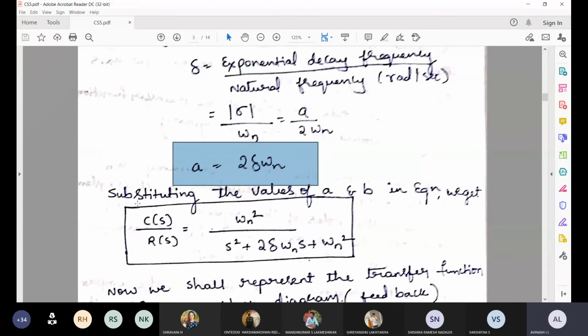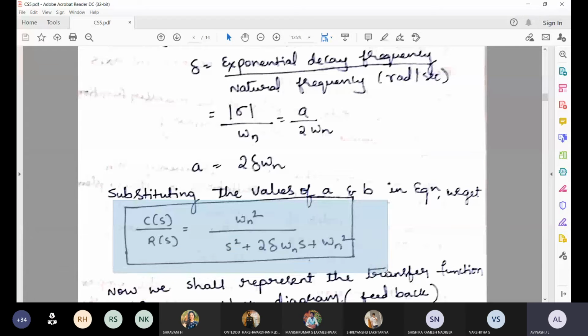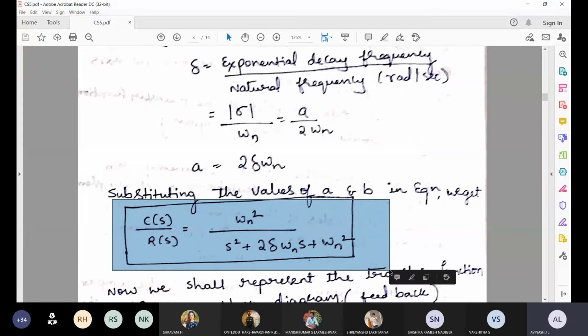So now, substituting the values of A and B, we get C of S divided by R of S equal to omega n square divided by S square plus 2 delta omega n into S plus omega n square. Straight away we could take this equation, but you may have questions: what is omega n, what is delta, and how do we get this equation?